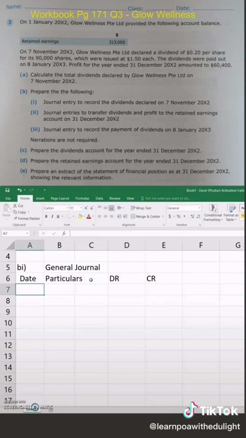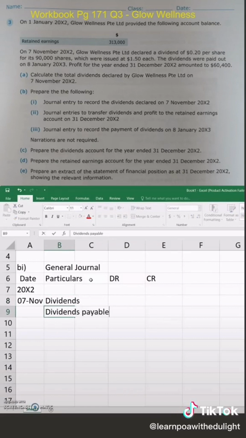Since I have not paid for it, it has to be dividends payable. So for this part, 20x2, 7 November, debit dividends, credit dividends payable.